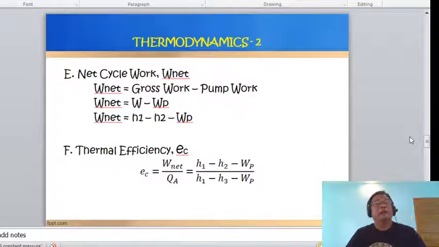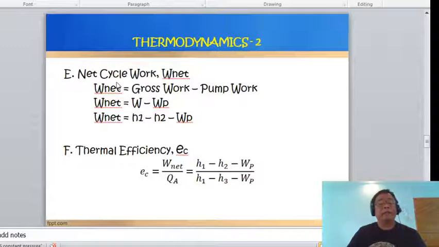So take note, class. We have here the net cycle work. Net cycle work is the work of the turbine minus the pump work. The net work equals h sub 1 minus h sub 2 minus W sub p.